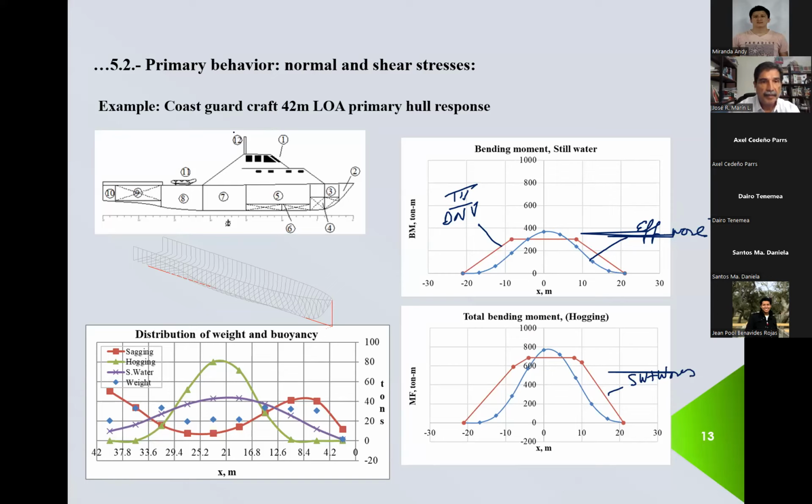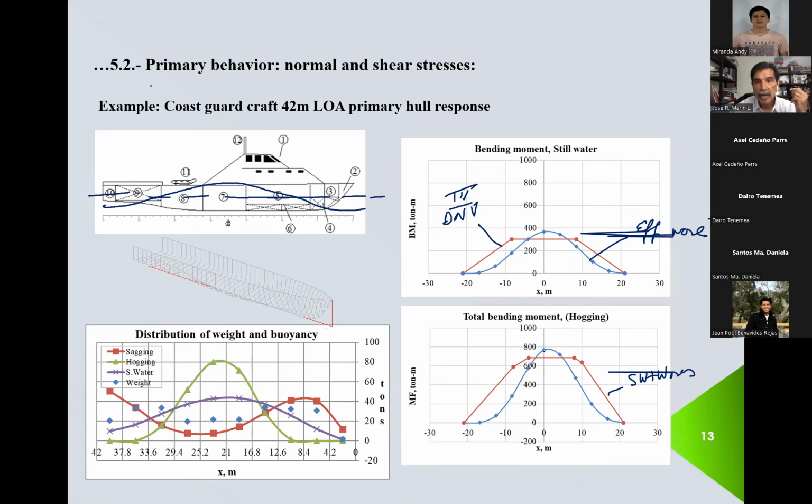So let me repeat that. Okay? In waves, you have the two effects combined.